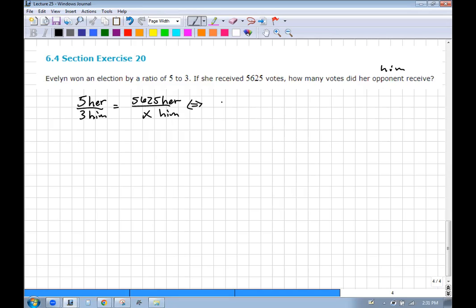I want to know how many are for him when there was this many for her. And I know there's 3 for him for every 5 for her, right? I'd have written the problem down like this in the first place. But all I did here was flip these over, right? I took the reciprocal of both sides, and I wrote this side first, simply because we like to have the X on the left side, okay?